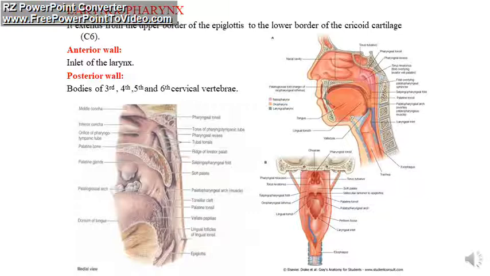If you look here, this is the soft palate, and this is the sagittal section of the area, and you see the cricoid cartilage. The anterior wall is the inlet of the larynx, and the posterior wall is the bodies of the third, fourth, fifth, and sixth cervical vertebrae.